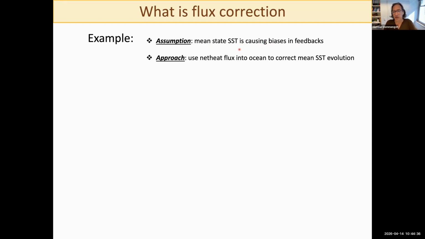So what you can do in a coupled model is you can force your mean SST to look like whatever you want it to look like, say like observations. And you can achieve this by additionally adding some artificial net heat flux into your ocean. So that's the approach to fix your mean state in a coupled model, and that is called flux correction.